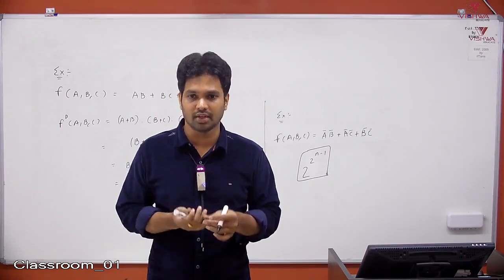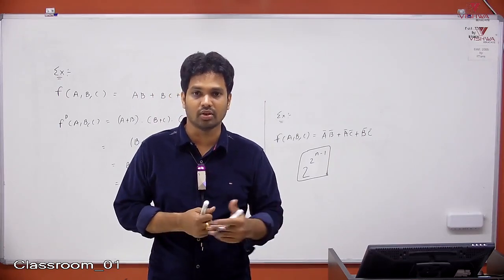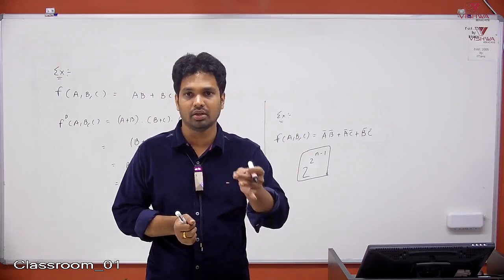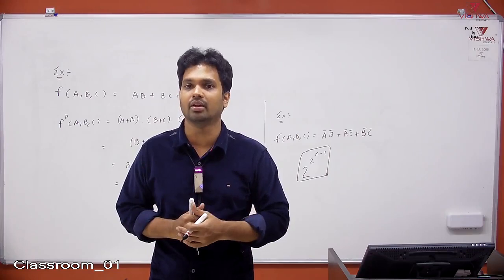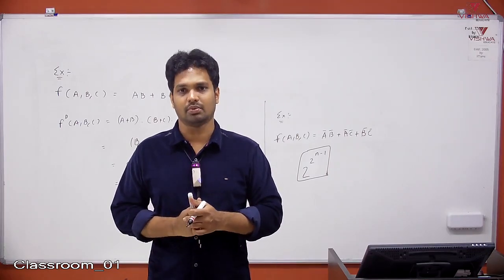So if you have 3 variables A, B, C, how many self-dual expressions can you make? 2 power 3 minus 1. So with n variables we can make 2 power n minus 1 self-dual expressions.